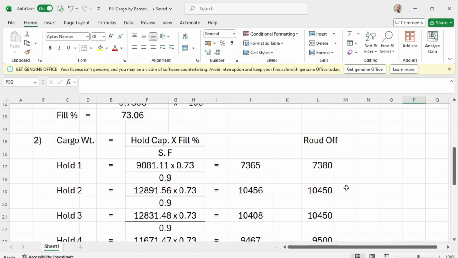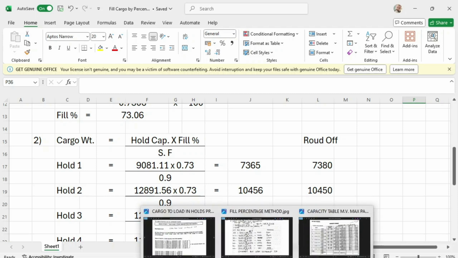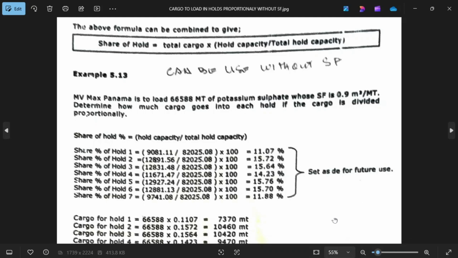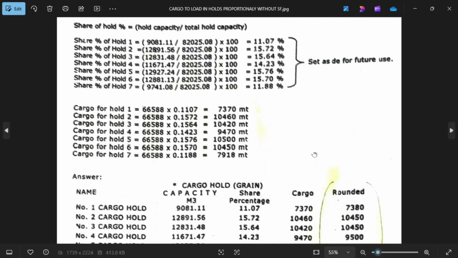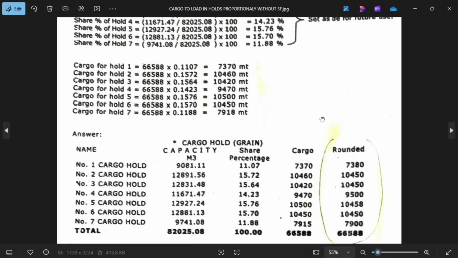Okay, now going back to the figure a while ago, if you notice in hold number 4 the cargo is less, but in number 2 and 3 and 5 and 6 he has more cargo, so he has more weight here and more weight here.